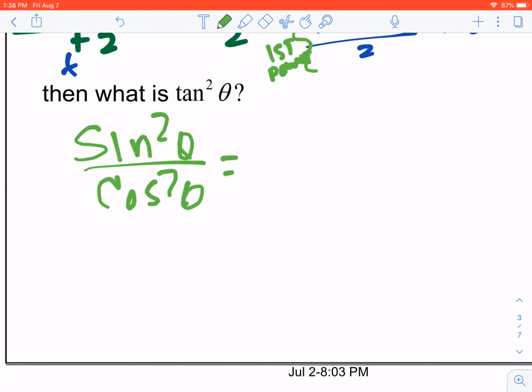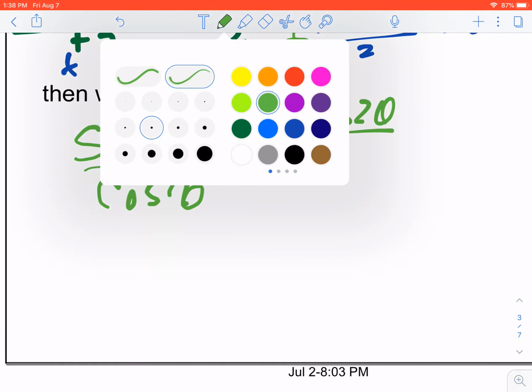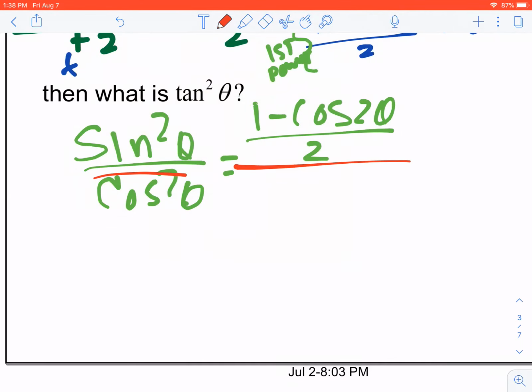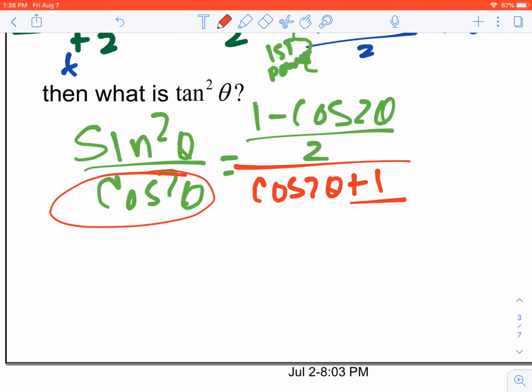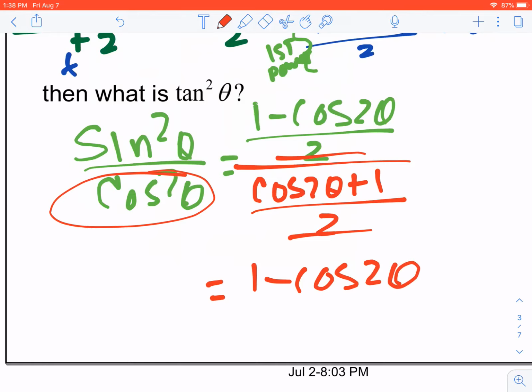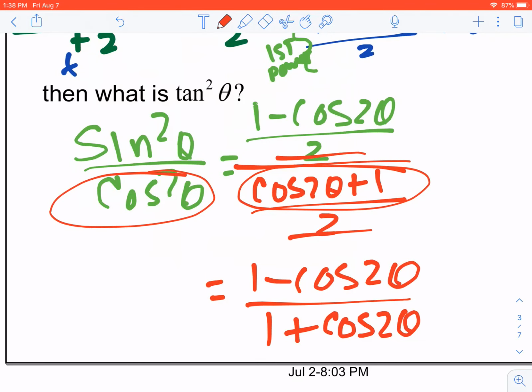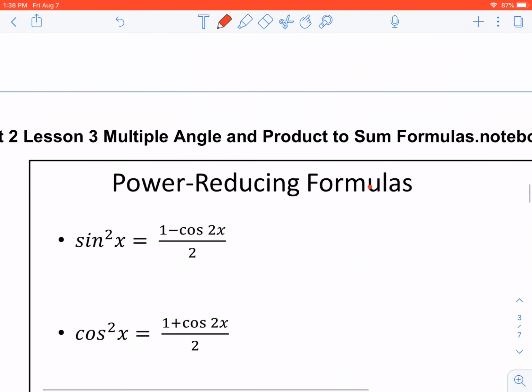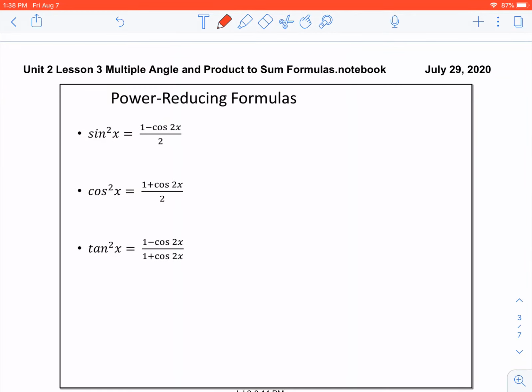If you power reduce the numerator, we get 1 minus cosine of the double angle over 2. If we power reduce cosine squared, it is cosine of the double angle plus 1 over 2. And the 2's cancel. And this is how we come up with 1 minus the cosine of the double angle over 1 plus the cosine of the double angle, which is how you'll often see it written when you look stuff up online. So this is how we are getting these power reducing formulas.